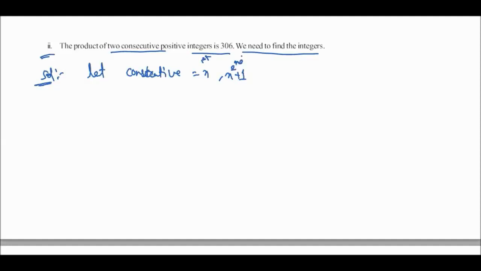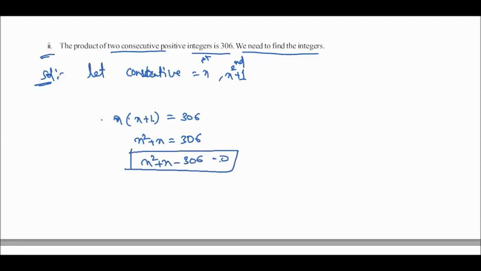Their product x into x plus 1 is equal to 306. So x square plus x is equal to 306, x square plus x minus 306 is equal to 0.